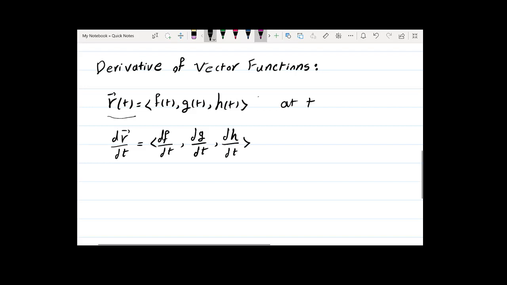In the previous example, suppose r of t is equal square root of t, 1 over t minus 4, and e to the t.